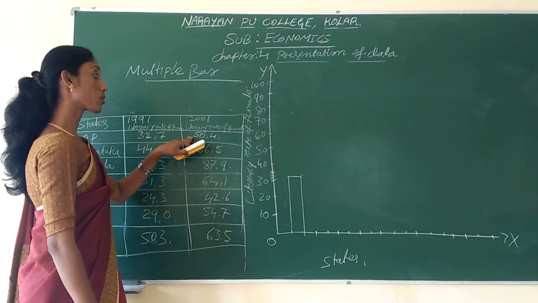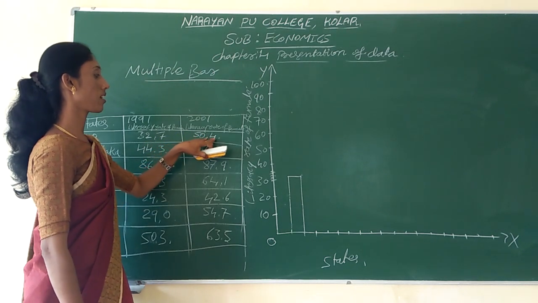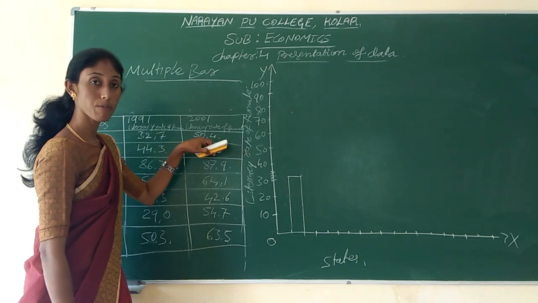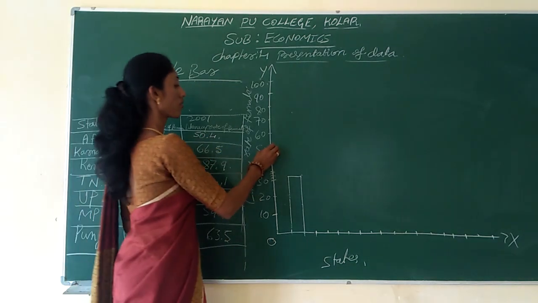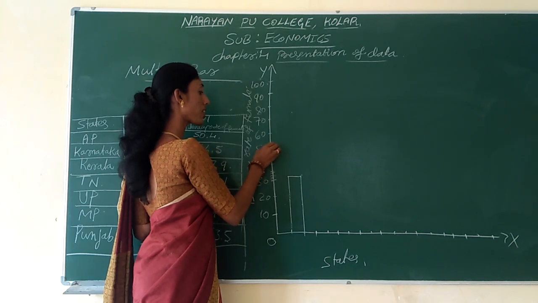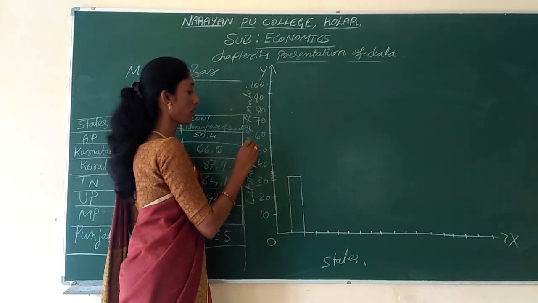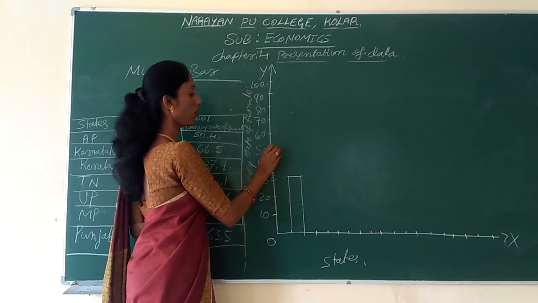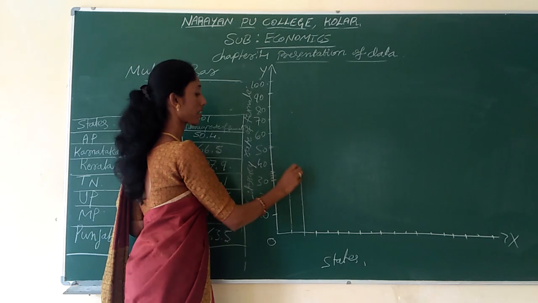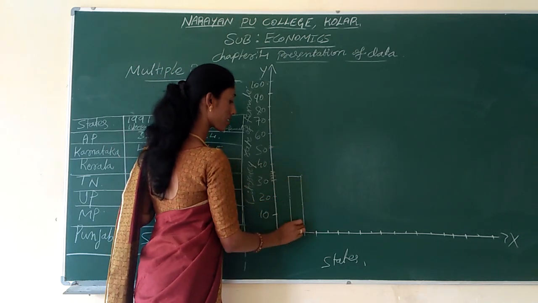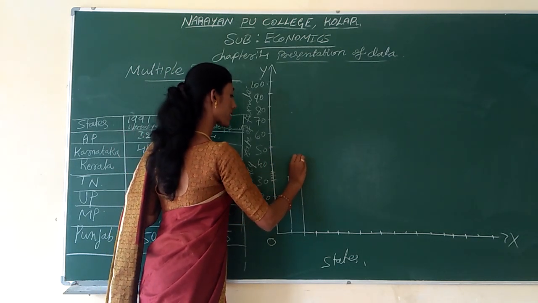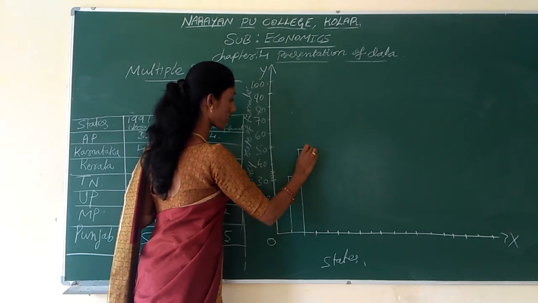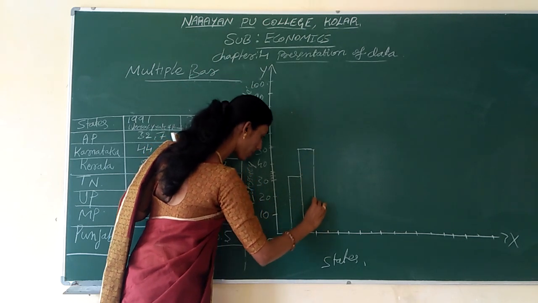Then come to 2001. Female literacy rate in Andhra Pradesh increased to 50.4. 50.4 means 51, so it will be between 51 and 50. Slightly above 50, we will get the point. Then up to that, the second line we need to expand, and take the next space width and join your next bar.